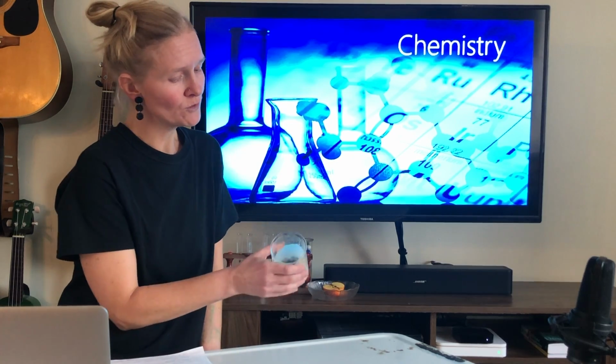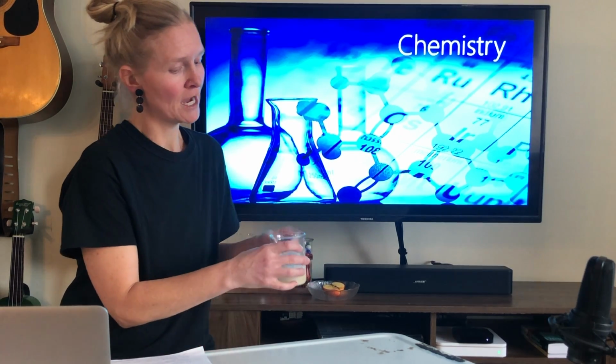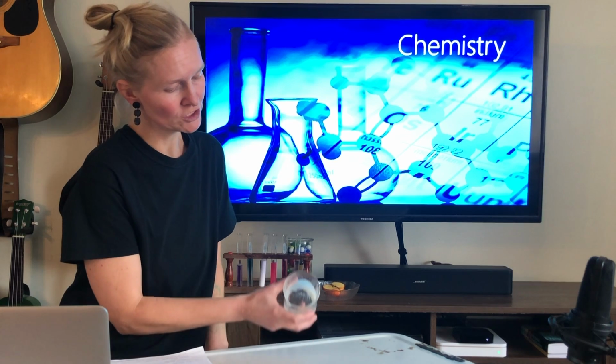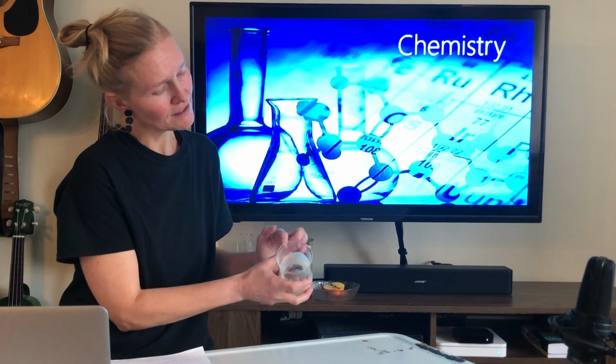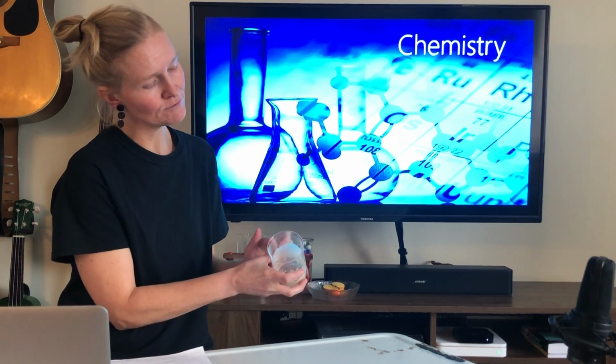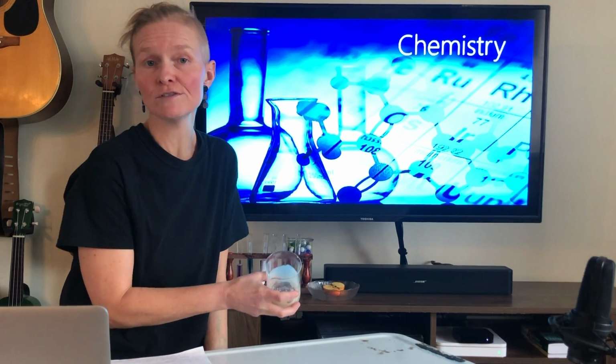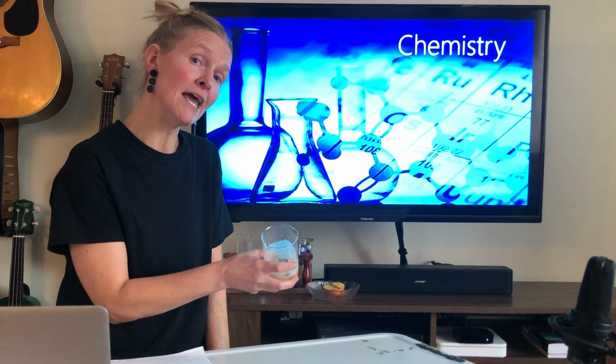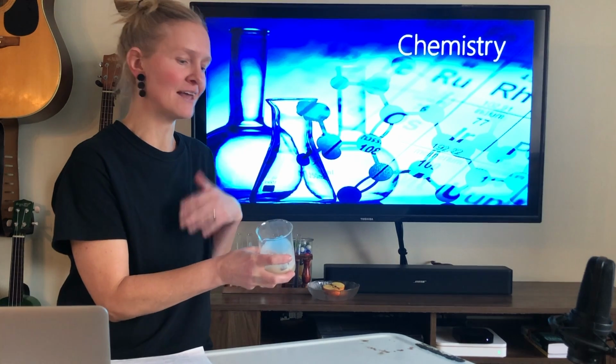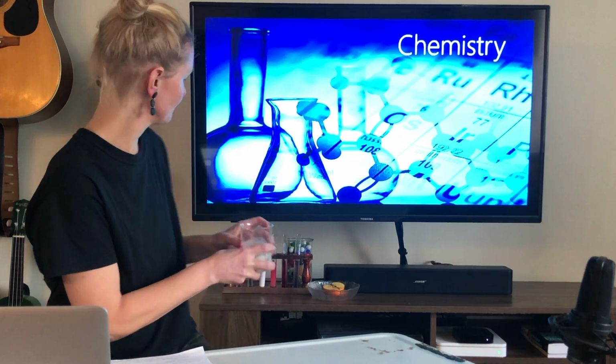And so after a week, I have what's left of that solution. And you can see that we're already having some salt forming on the edges of this beaker. So we're going to leave it and come back to it again next week and see what the final product is.